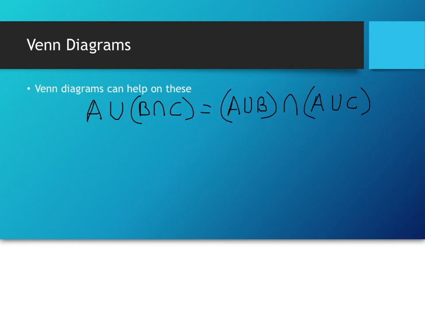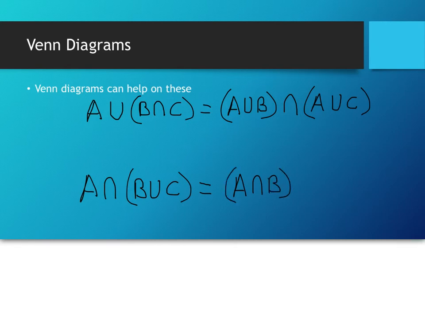And we get the same sort of result if we did it the other way. If we'd have taken intersect in this regard, we could have done the A intersect B, union A intersect C. All right.